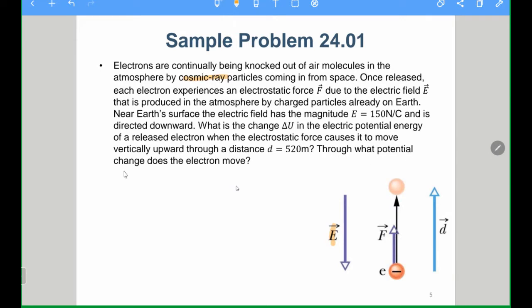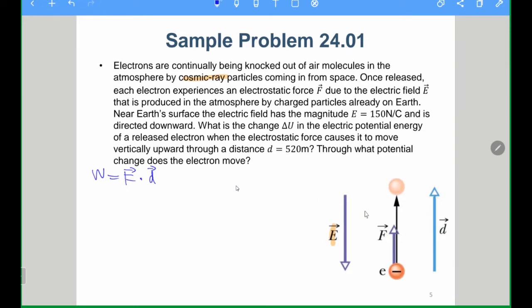Through the potential change, does the electron move? Okay, so here I think in mechanical class or physics 1, you know, the work done should be F dot D. So D is the displacement. So it moved from bottom to top, so D has this direction pointing upward.